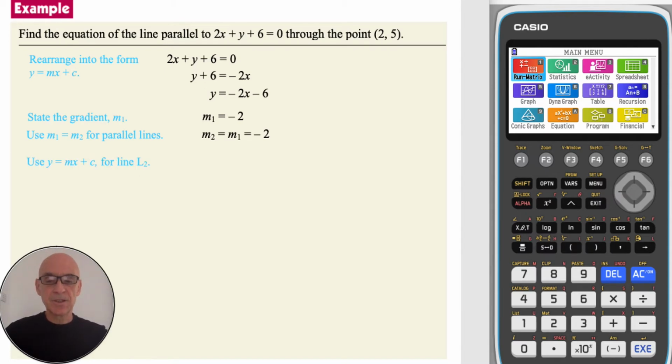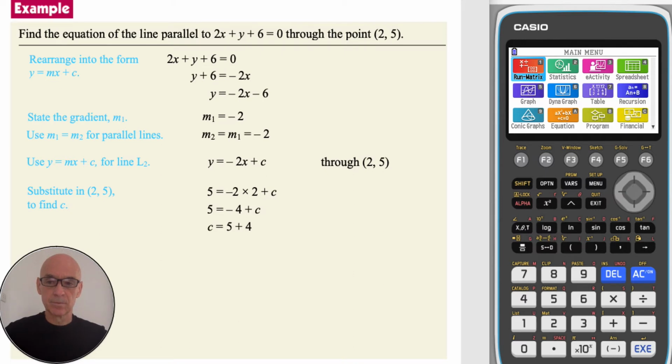So now using the equation y equals mx plus c for the new line, L2, and replacing the gradient with negative 2. This line has to pass through the point 2, 5, so substituting these coordinates into the equation, and then solving the equation, gives c equals 9.